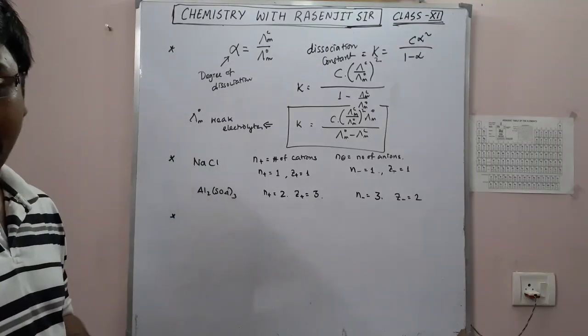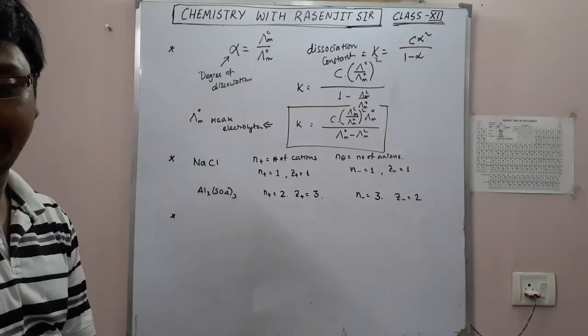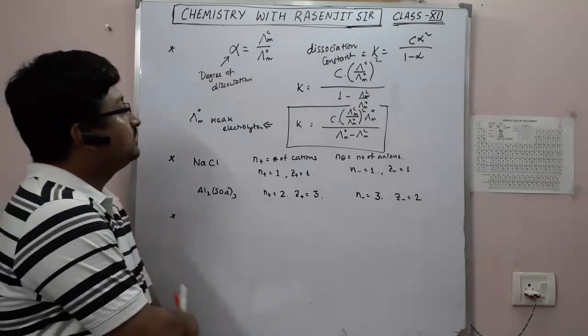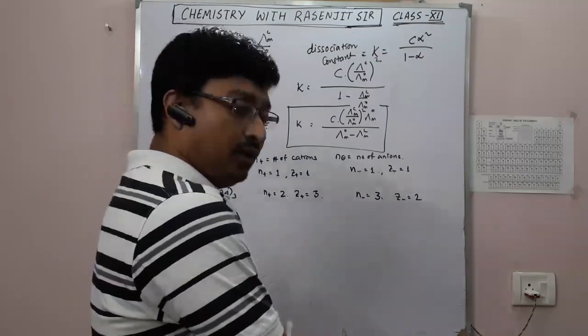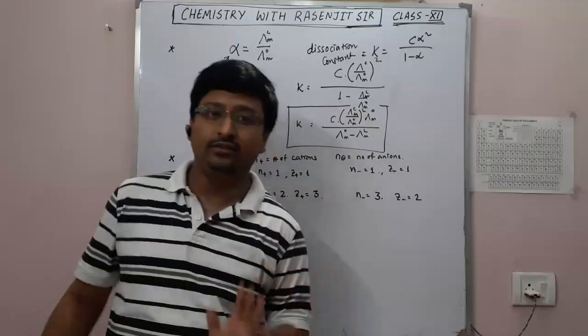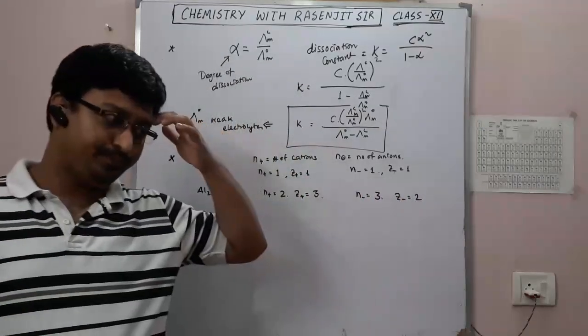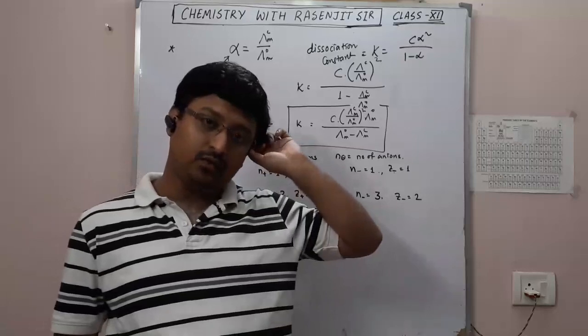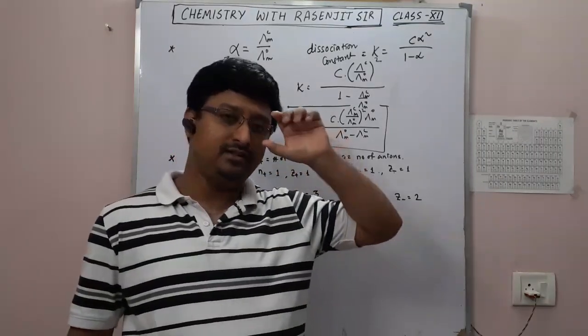Anything else? So till then, this Kohlrausch's law part is over. The conductance part, the electrolysis part, the electrochemical cell and Nernst equation numericals, I will discuss later.